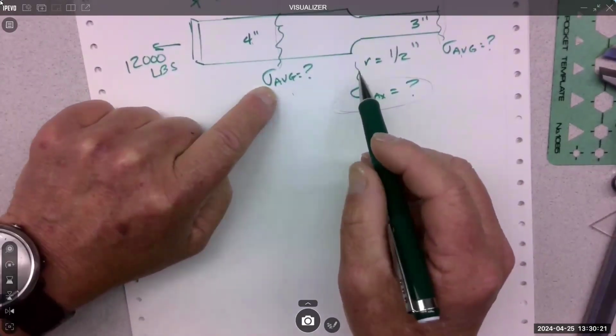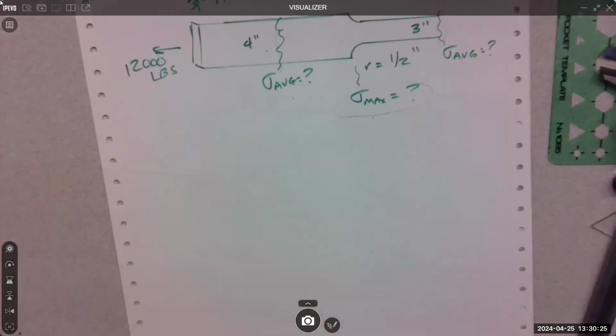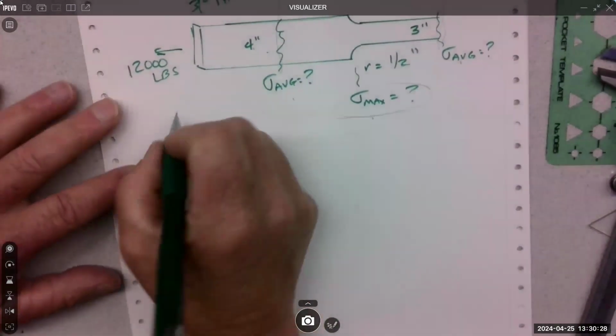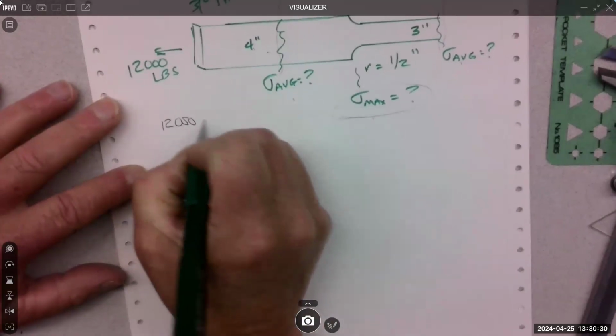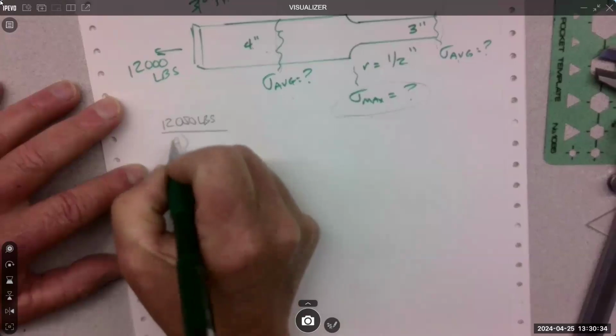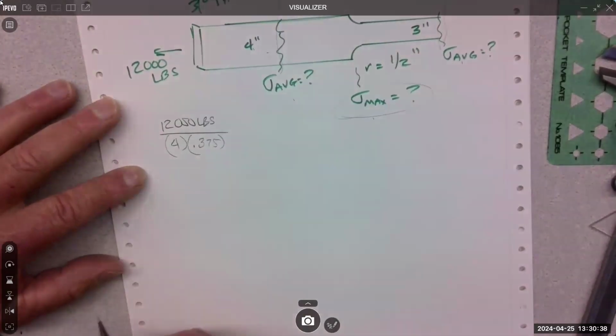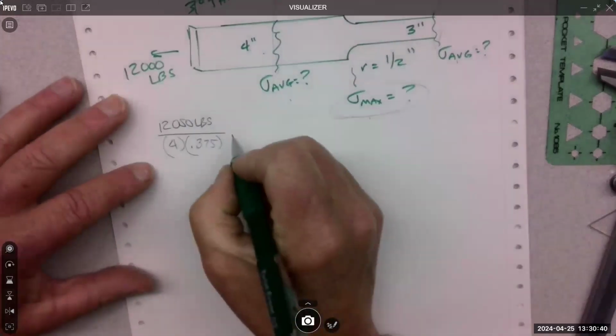Okay, so this will be interesting. The 4 inch, if we want to know average stress, that's just P over A. So that's going to be 12,000 pounds over 4 times 0.375. That's 3/8 of an inch. Anybody have that number?